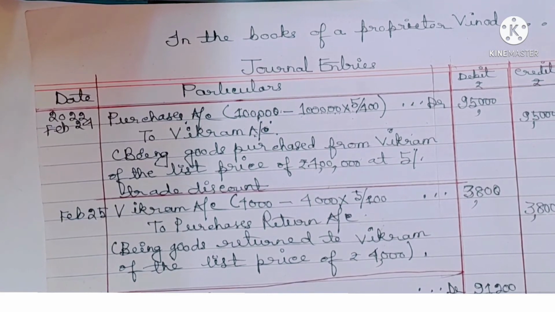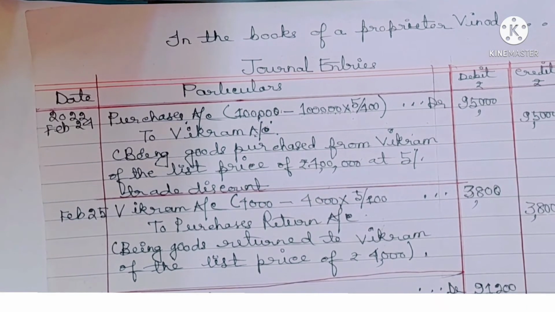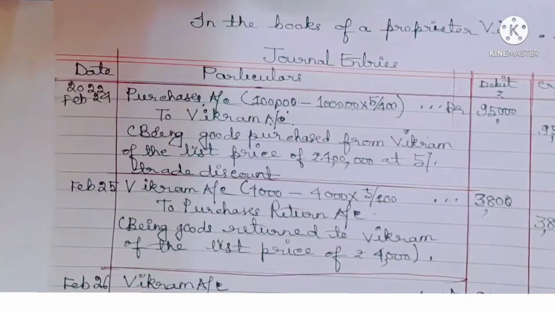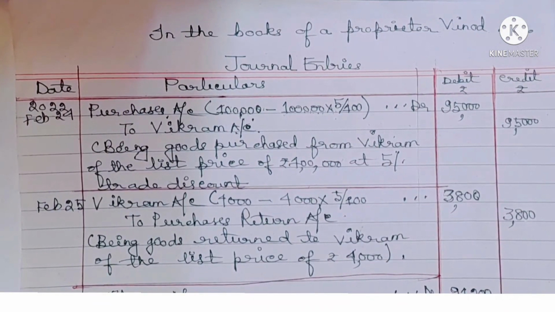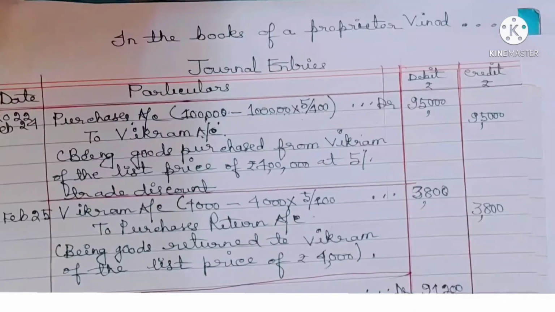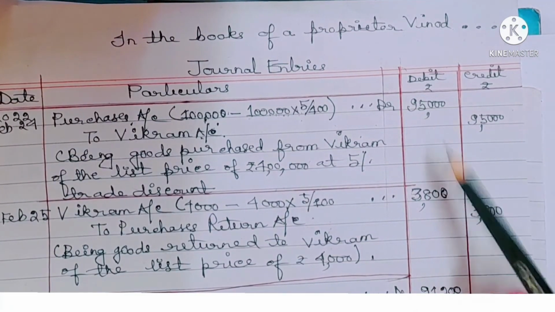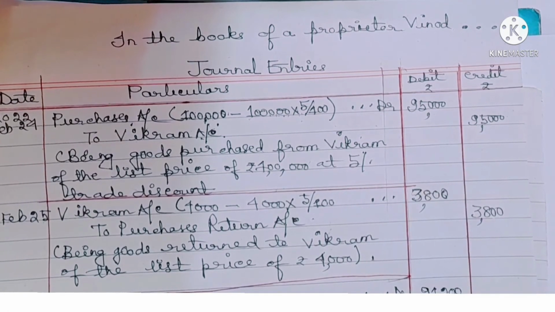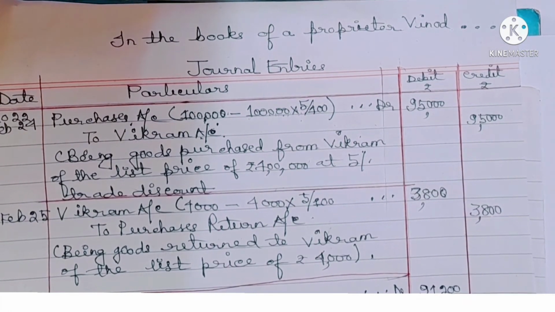Now let's do the total. Add up the total, 1,90,000 on the debit side.